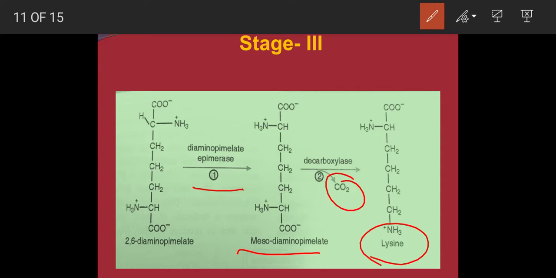This enzyme is also a PLP dependent enzyme. And in this way, lysine is formed from aspartyl beta semialdehyde in 3 stages.